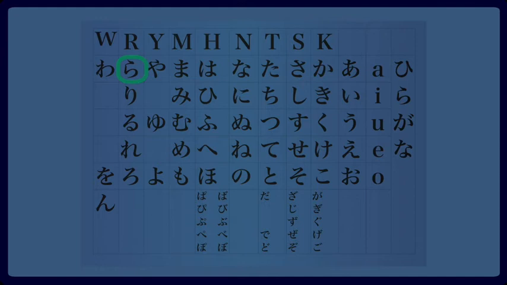Now the R column is a little bit tricky. This is where we have to make a combination of an L, D and an R sound in English. We do this by twisting the tongue or curling the tongue back in the mouth, and then flicking it forward to say ra, ri, ru, re, ro.